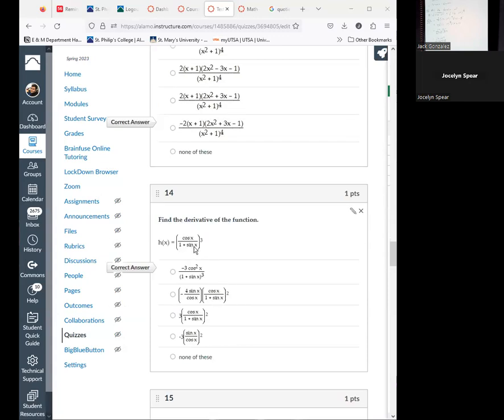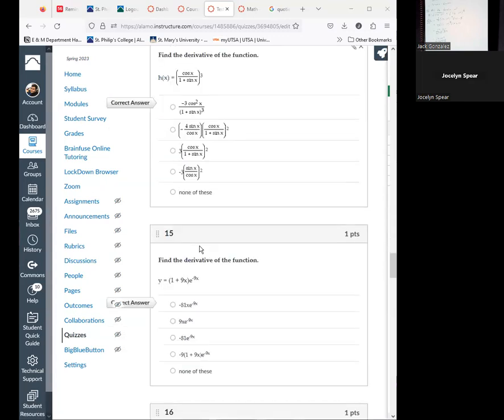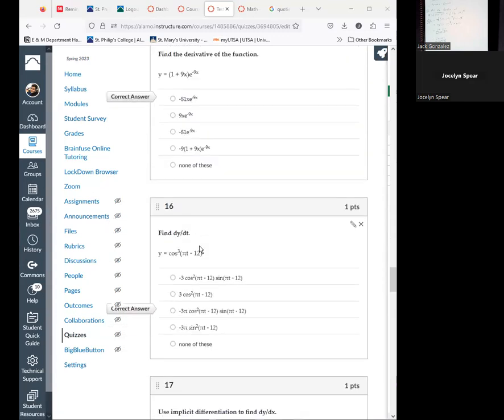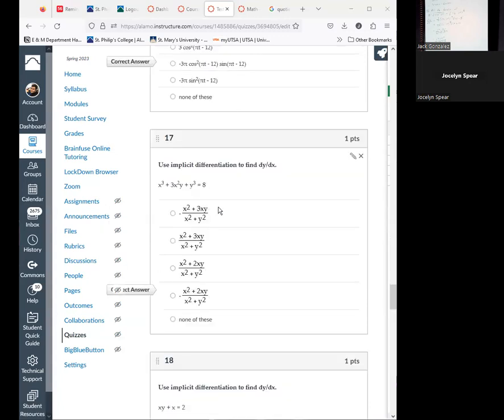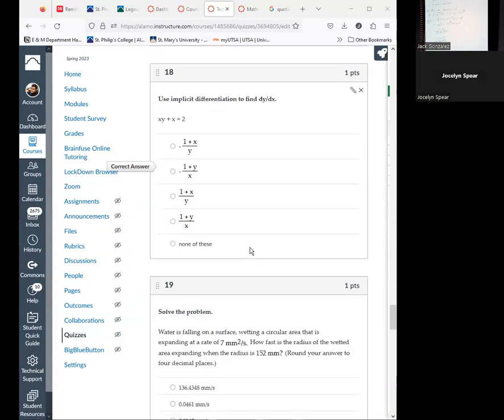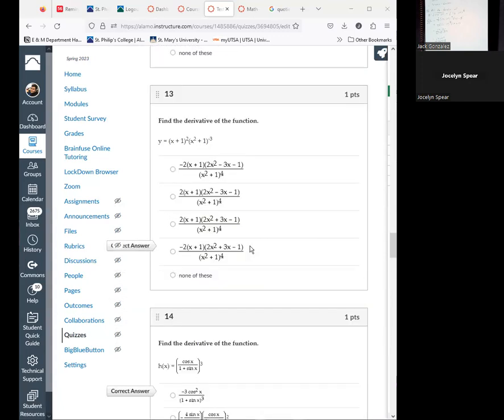During a quotient, you're going to have a chain rule. Same with 15 and 16. Well, 16 is just straight up chain rule, actually. And then we get implicit. Okay, so let's see here. Let's do 13. And then we'll skip 14, I guess.